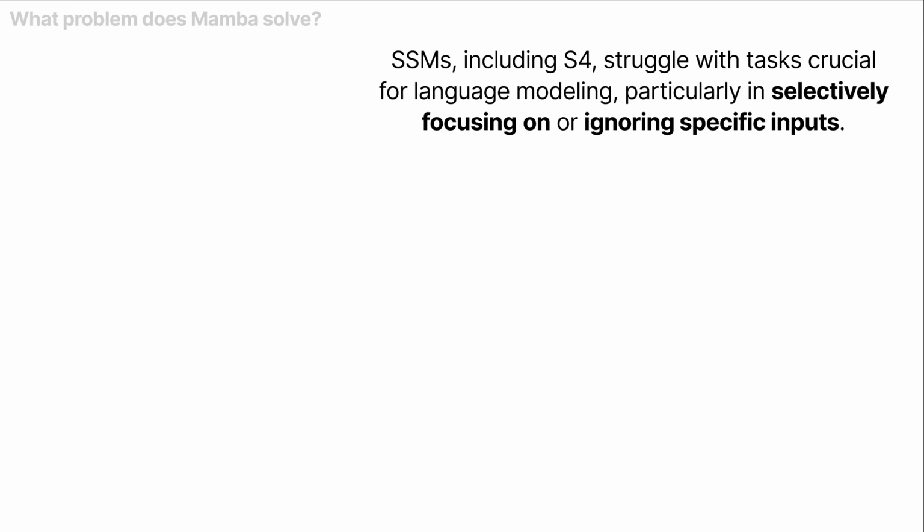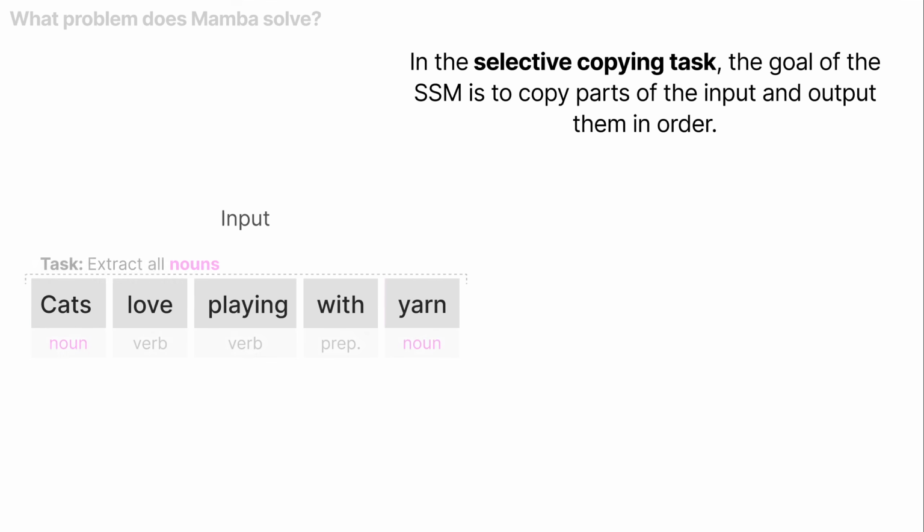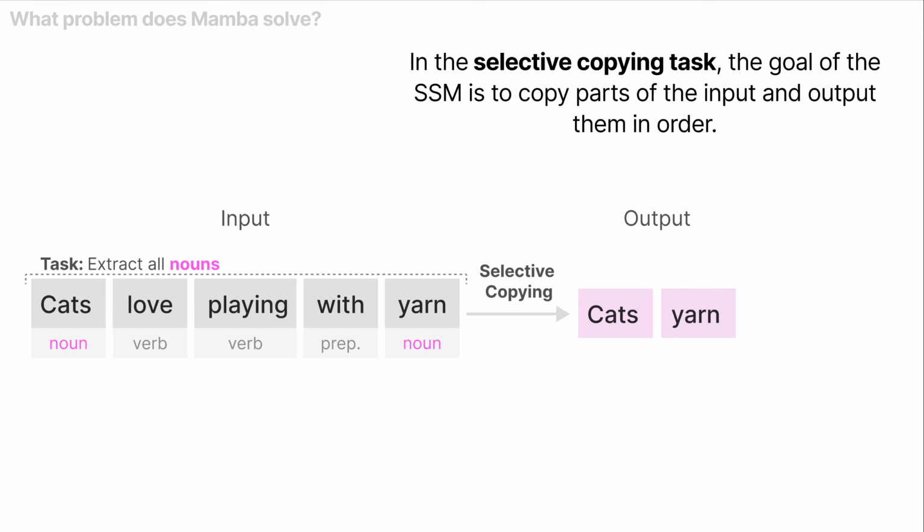SSMs, including S4, struggle with tasks crucial for language modeling, particularly in selectively focusing on or ignoring specific inputs. We can illustrate this with two synthetic tasks, namely selective copying and induction heads. In the selective copying task, the goal of the SSM is to copy parts of the input and output them in order.